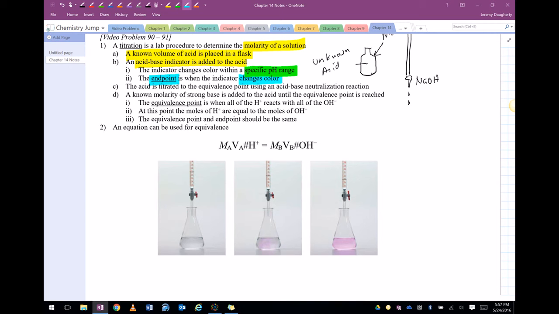Okay. Now, we want the end point and the equivalence point to be at the same time. So let me write that down. We want the end point, which is when the acid-base indicator changes color. We want the end point and the equivalence point to occur at the same time.